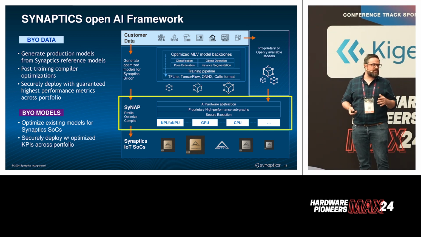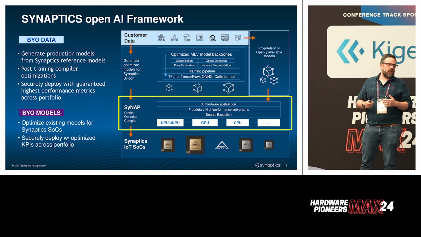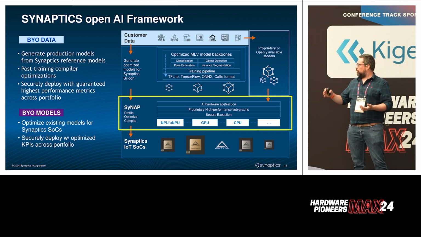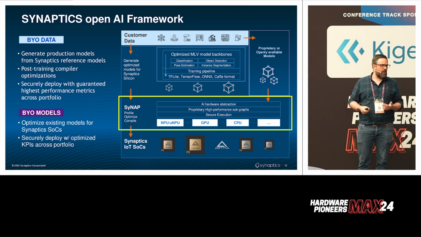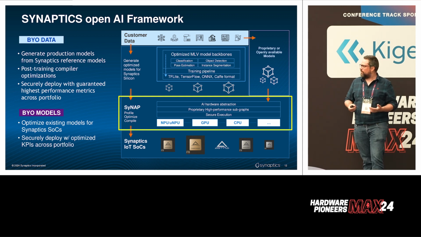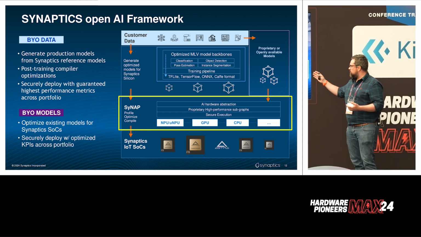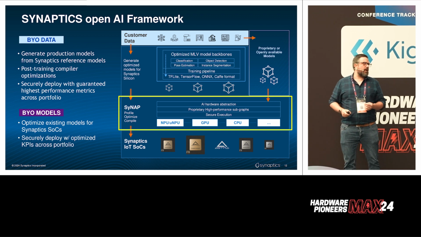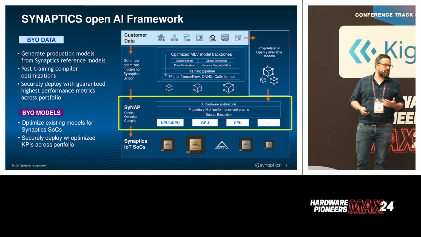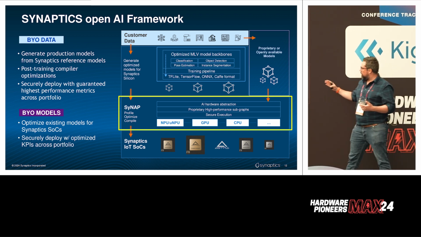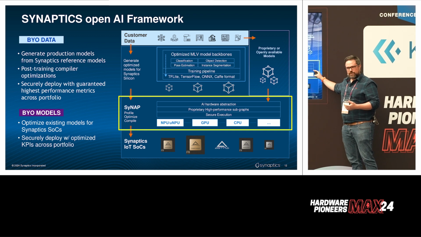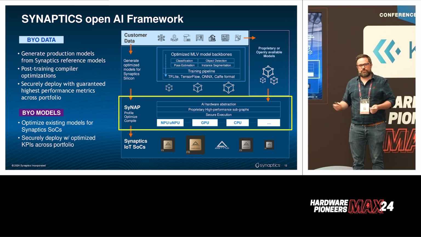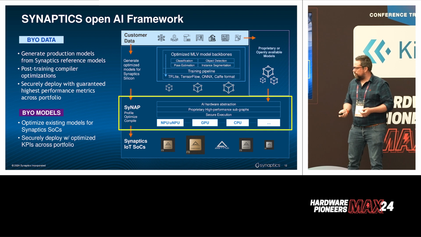Okay, so our AI solution addresses the full stack from the model to the compiler. The framework supports different types of NPU, GPU, and CPU. And this is really the scope. This is where we're going to focus on how to use the Synap to then transpose your model onto our platform.